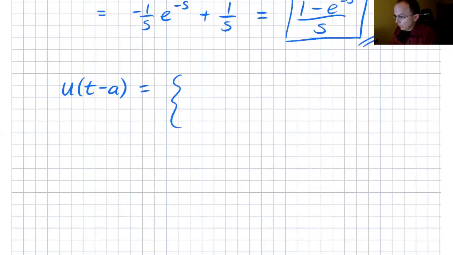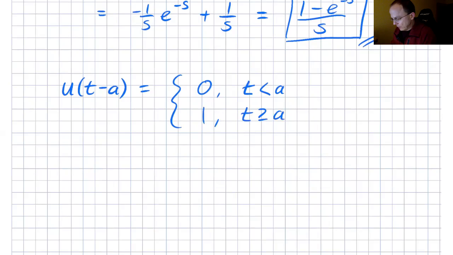And this function is equal to 0 for t less than a, and it's equal to 1 for t greater than or equal to a.